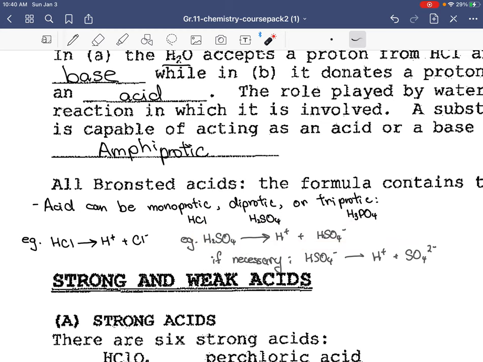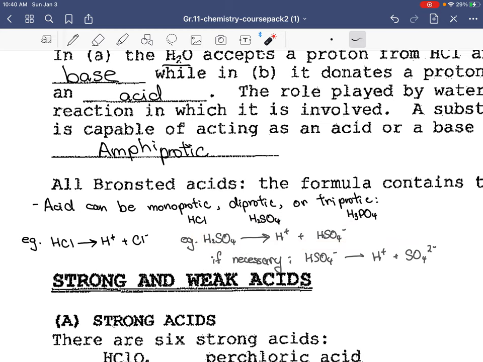I'm going to draw something that you guys have never seen yet. And notice that my arrow looks a little messed up, right? It doesn't look like this. It's because I purposely drew it like this. You're going to draw this. Now what that means, this is called an equilibrium arrow.